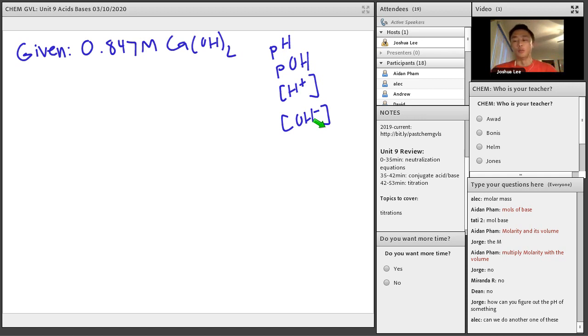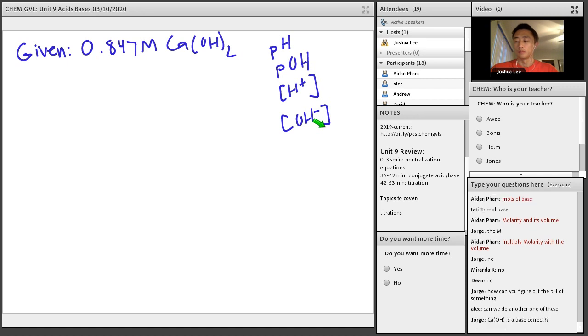Ready, set, go. Correct. Calcium hydroxide, Ca(OH)2, is a base.